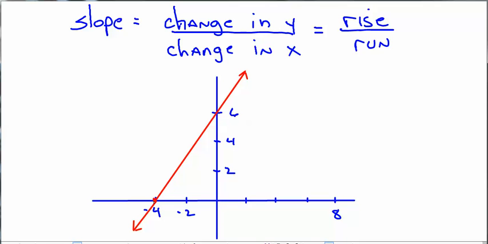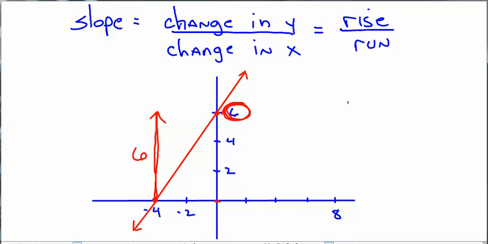Alright, so to get from this point, let's say we're going from here to here. How many do you got to rise? Good. We're at 0 on the y-axis, and we're rising up to here, so we're rising 6 units.